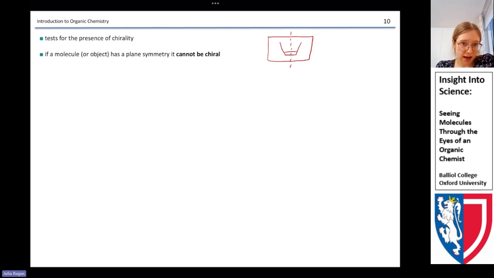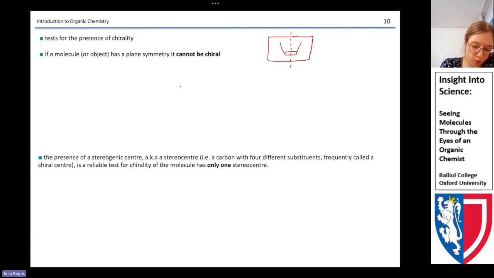Now, if we have a compound with one stereocenter, as we have shown, this beautiful carbon with multiple halogens, then we know that this compound is chiral. However, this test is only reliable if you have one stereocenter, and if you have more than that, then your molecule might end up being achiral.